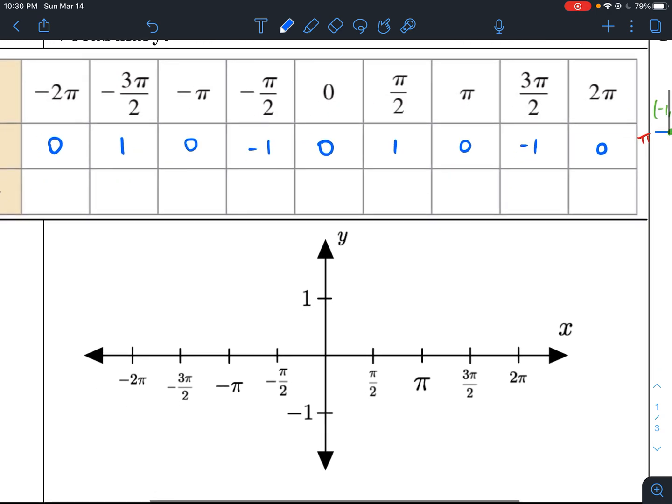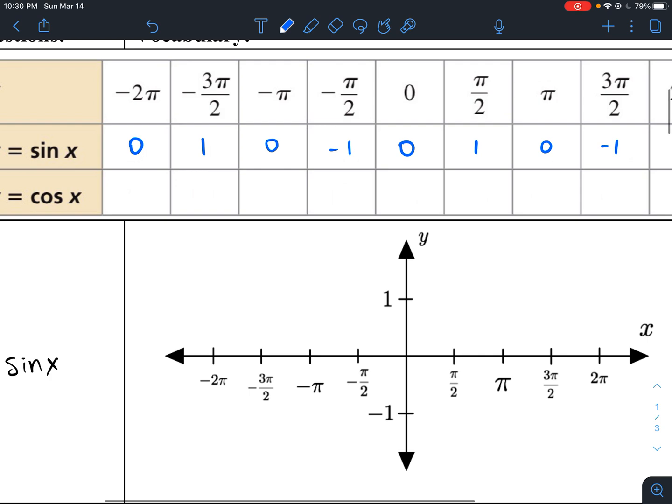So when we are at -2 pi, so that's right here, my y value is 0. So that's going to be right here. When at -3 pi, my y is 1. So let's see, I'm going to draw this line here to help me draw it straight.